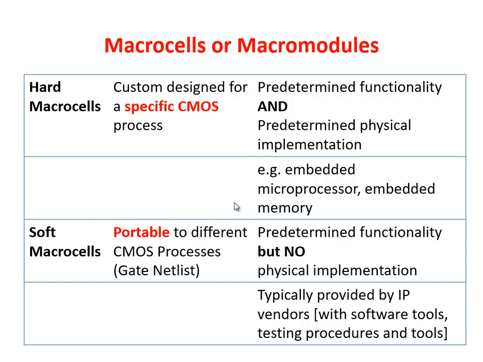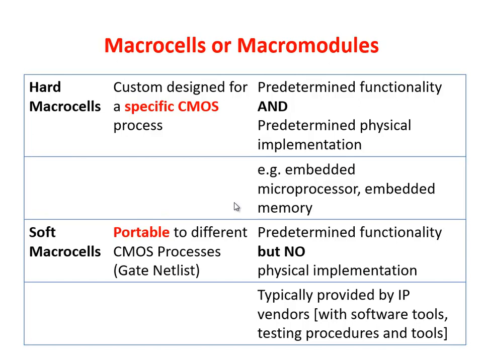And what it means is that what you sell is the gate netlist of the macrocell, and then the implementation from the gate netlist to the standard cells is done depending on the specific CMOS technology used for the implementation. So you sell the macrocell at a higher level of abstraction, and of course the functionality is predetermined, but the physical implementation is not predetermined, because the transition from the macrocell to implementation in standard cells still has to be done. Okay?